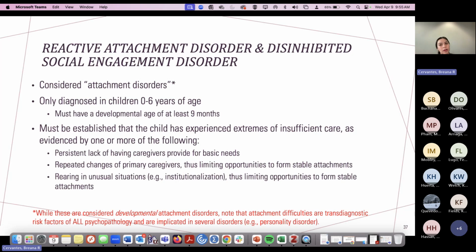In general, attachment difficulties are considered a risk factor for all psychopathology, and it's implicated in most disorders. So it's a transdiagnostic risk factor. I point this out because attachment is not only relevant for just these two disorders, it's just that these are the only two that have the name associated as an attachment disorder.